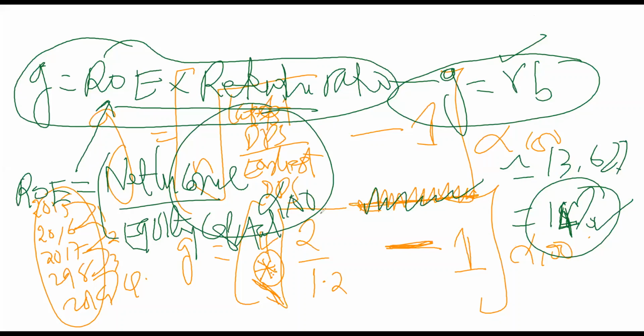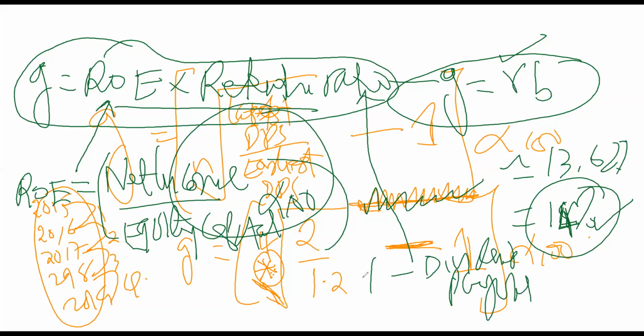So your background of ratio analysis, I think, helps. How about retention ratio? It's 1 minus payout ratio, the dividend payout. The retention ratio is 1 minus dividend payout.